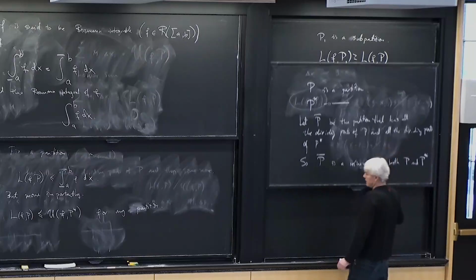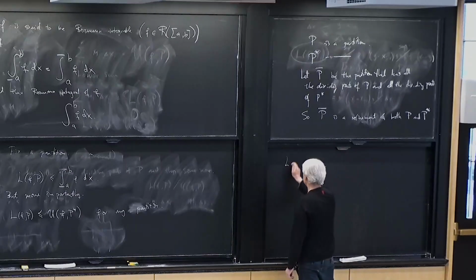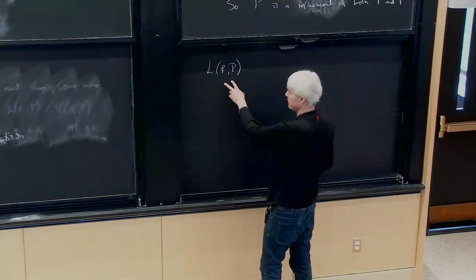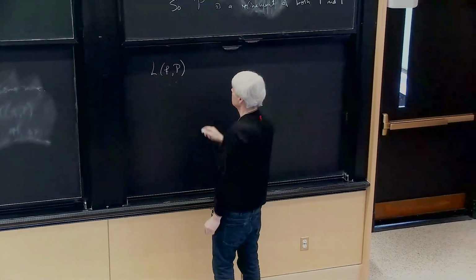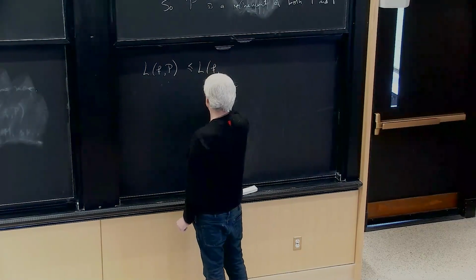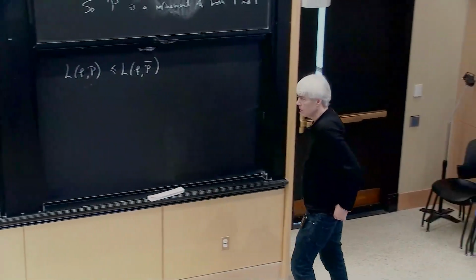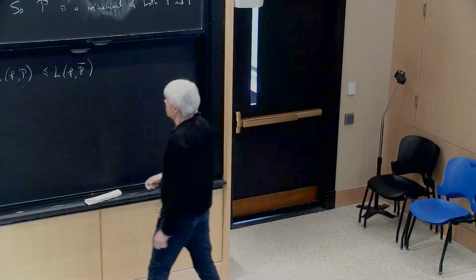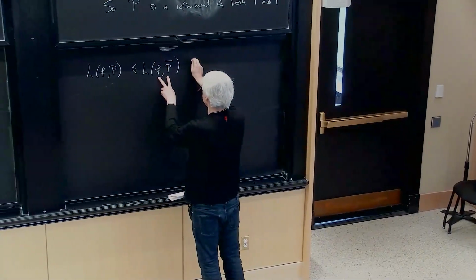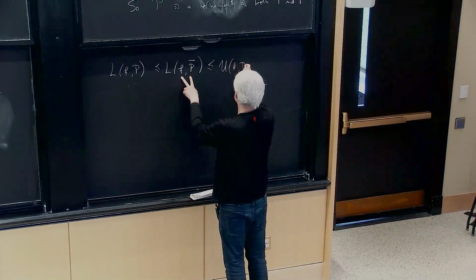But this means that, remember the lower sum, if you take a subpartition, the lower sum will go up. But the lower sum is always less or equal to the upper sum for a given partition.